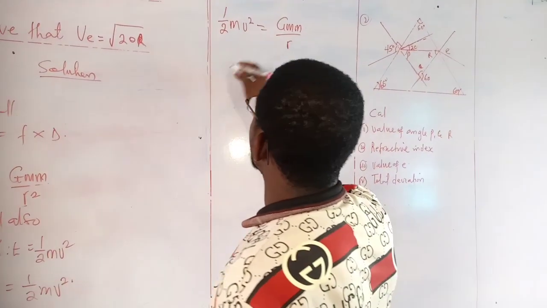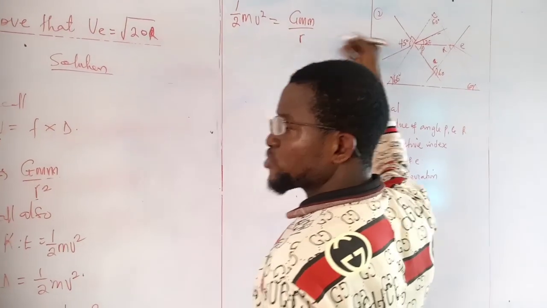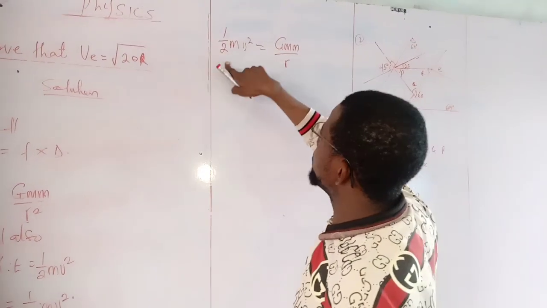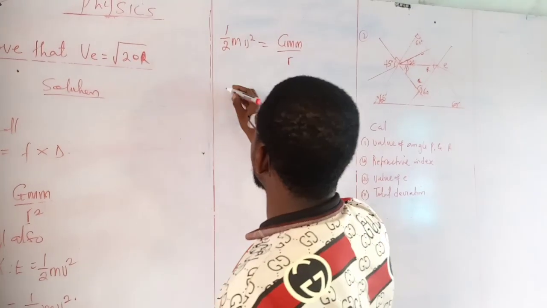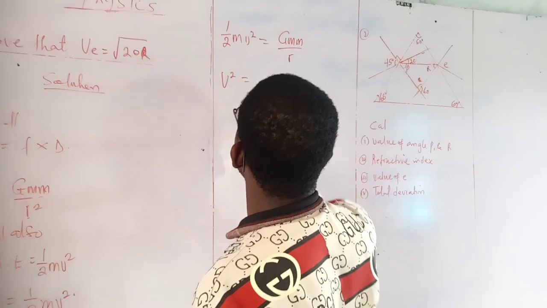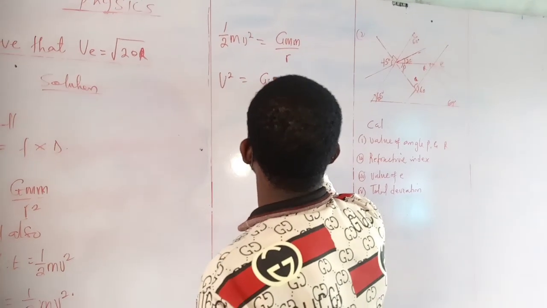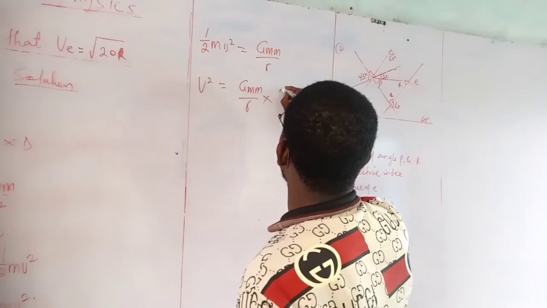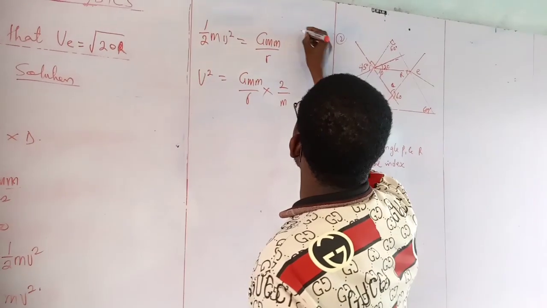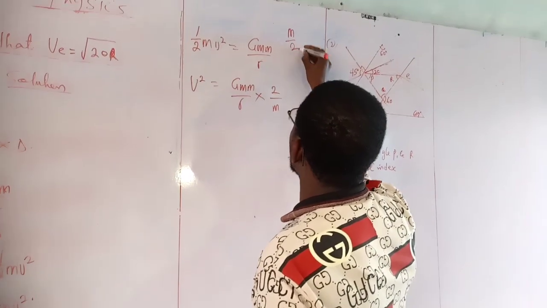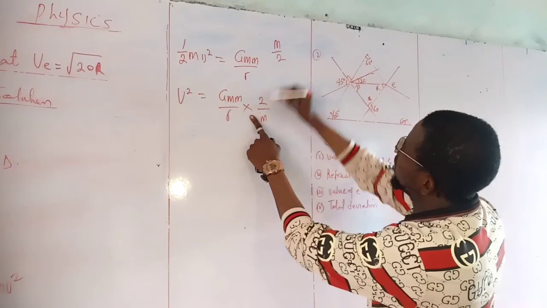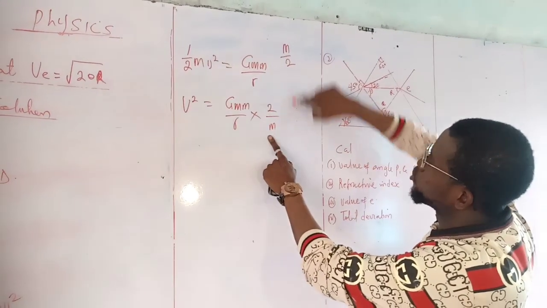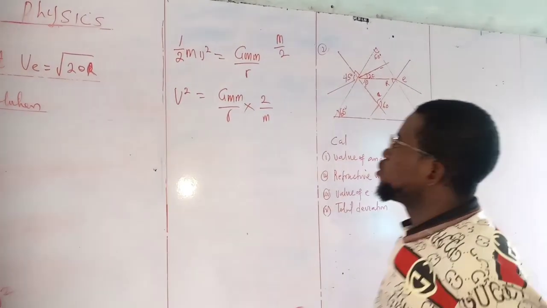So we divide both sides by m over 2, because I want to make v the subject of the formula. So v squared equals Gm over r times 2 over m. Why? I am dividing both sides by m over 2. When you change that division symbol to multiplication, 2 comes up and m goes down.